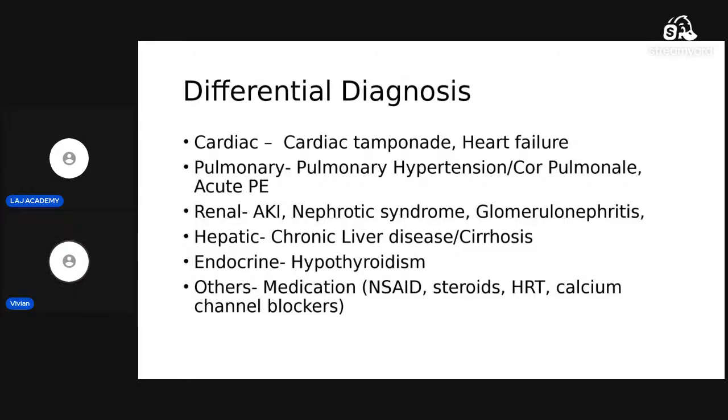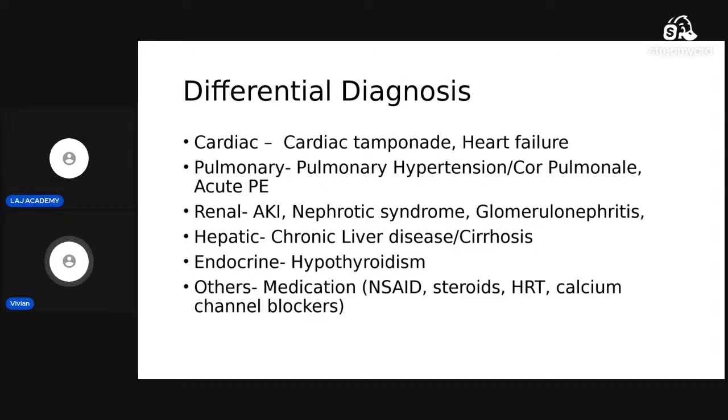The same thing supports chronic liver disease or endocrine issues like hypothyroidism, which is supported by the weight gain.